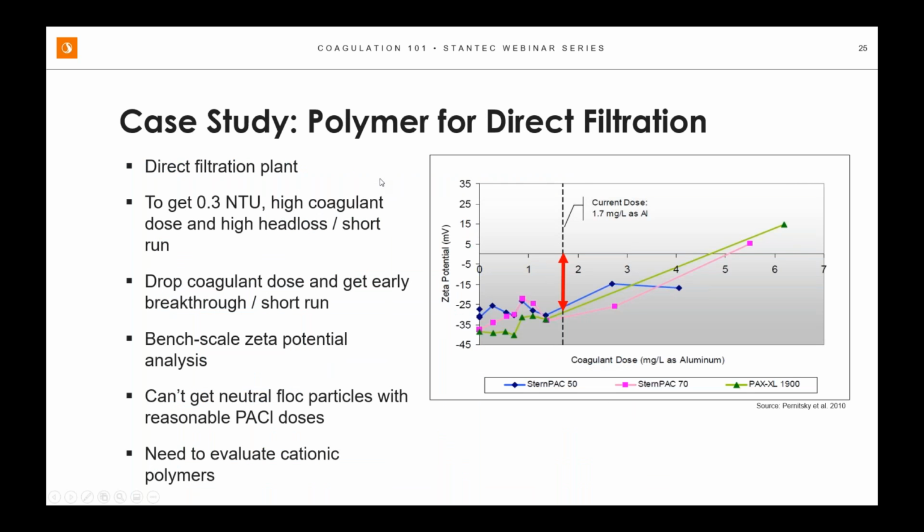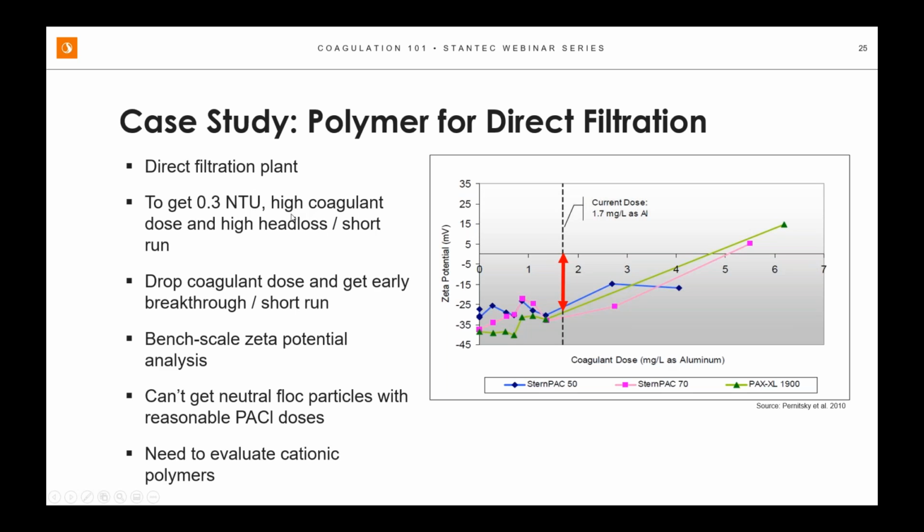So I really like the zeta potential tool, and here's an example of how it can be used. This is a case study. We had a direct filtration plant. They were having some challenges meeting their 0.3 filtered water turbidity limit.